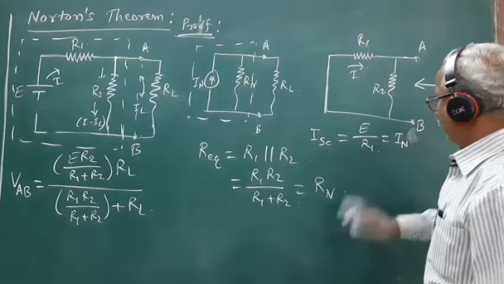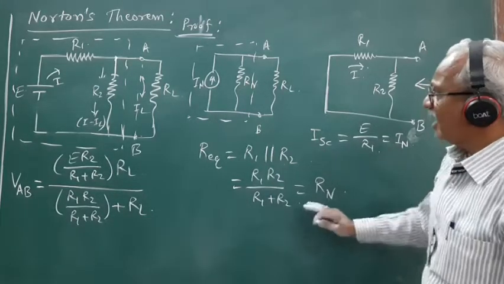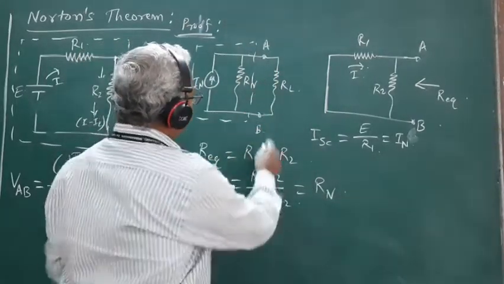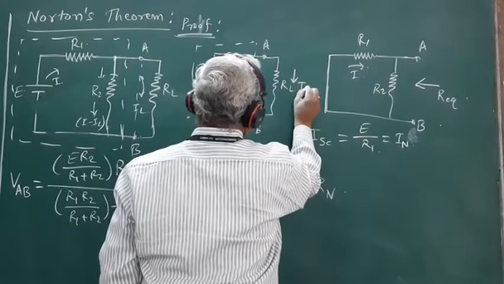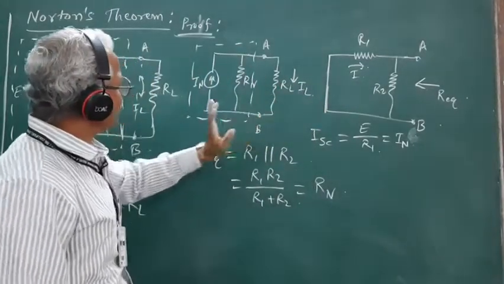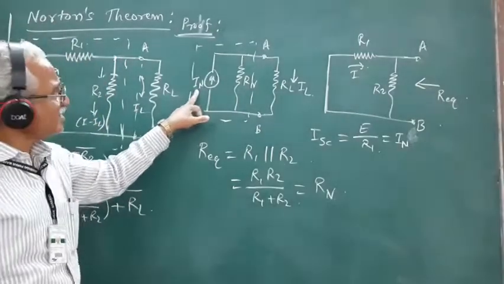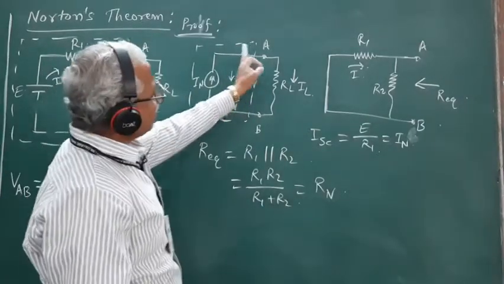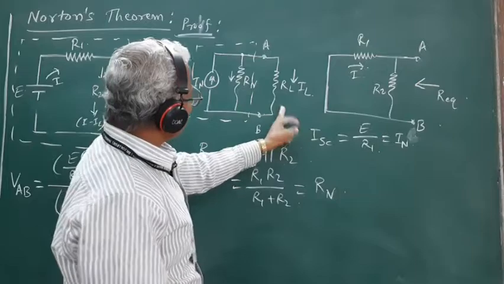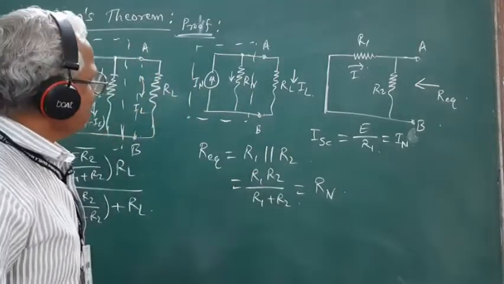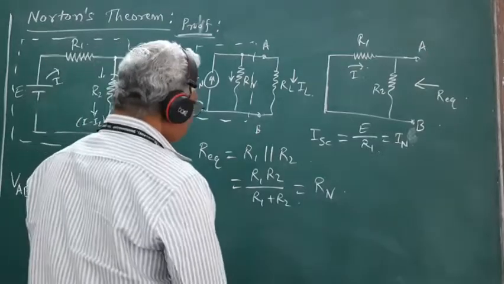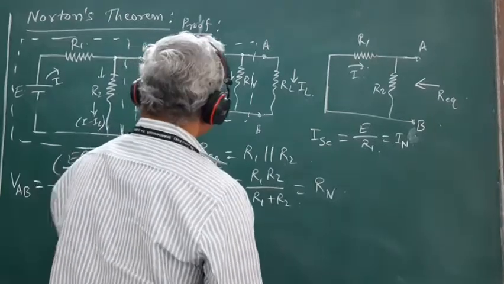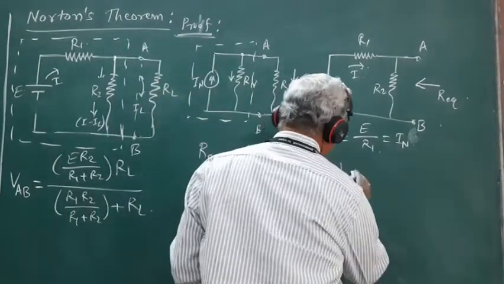So once we know the values of IN and RN, now we can calculate the value of IL flowing through this load resistance R. Let IL be the current flowing through this load resistance. So if IN is the current sent by the source, a certain fraction of the current will flow through RN and a certain current will flow through the load resistance R. So if we use the current division formula, the current flowing through this load resistance R will be given by this expression.